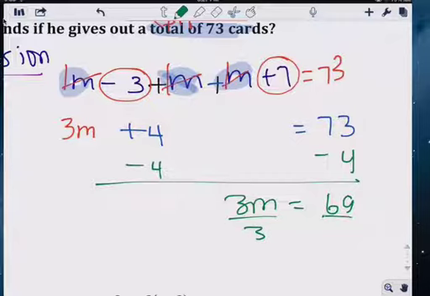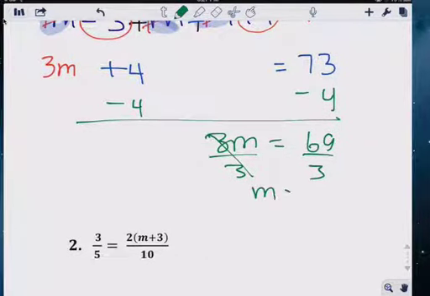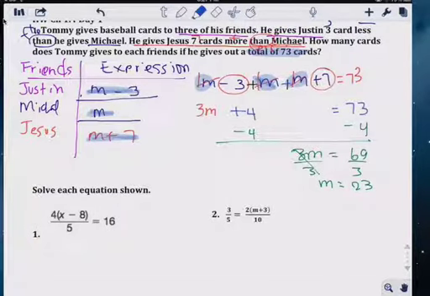Divide by 3, divide by 3. M is 23. Okay, so who does M belong to? M belongs to Michael.